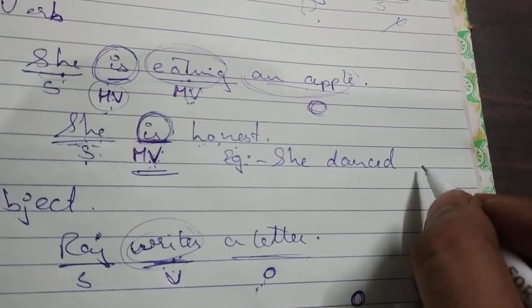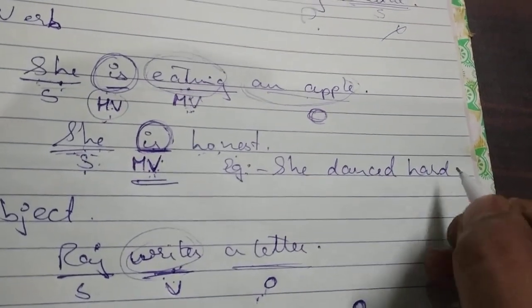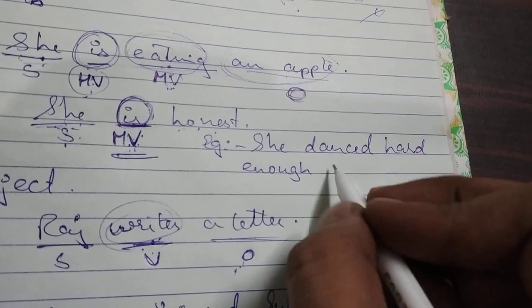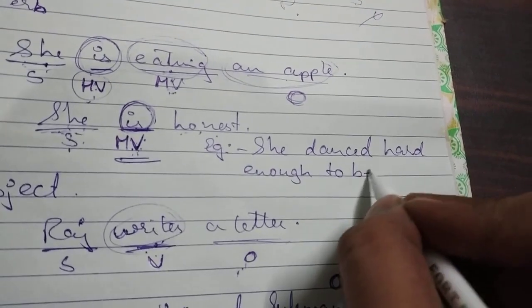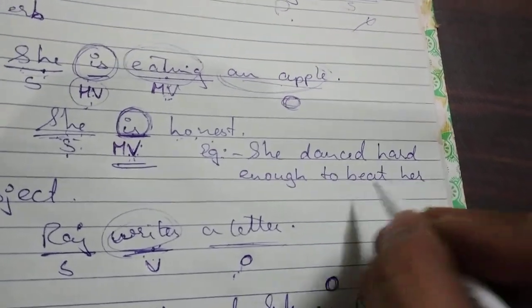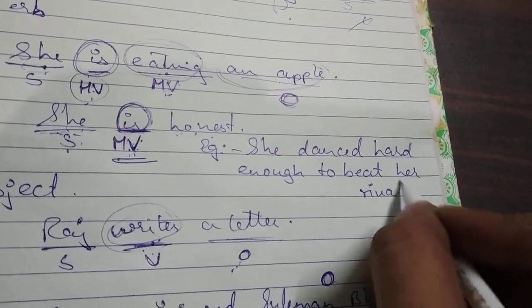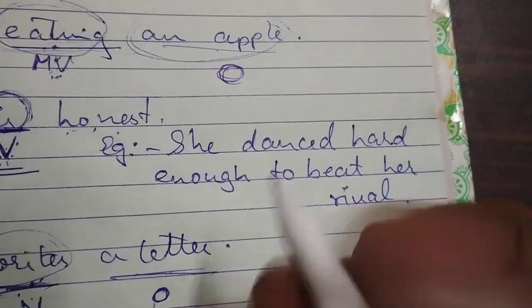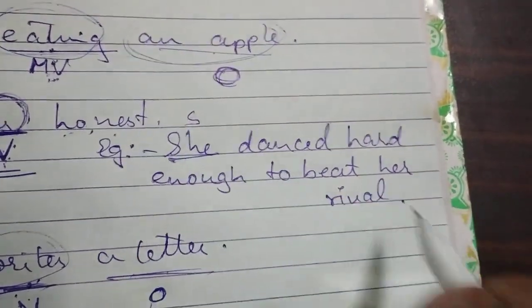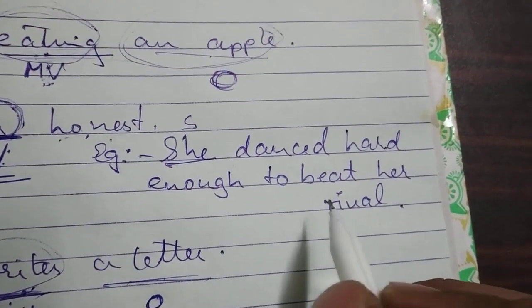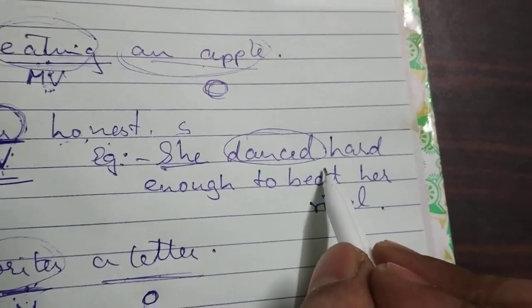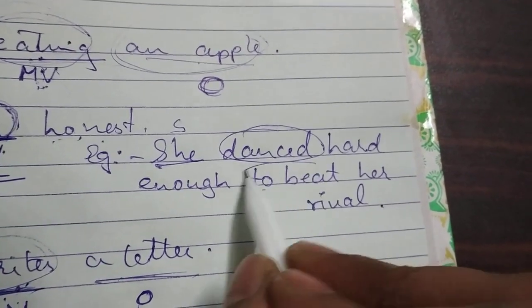She danced hard enough to beat her rival. Now see here, this is subject. Now see, in the sentence you are having two verbs. One is danced and another is beat, to beat.